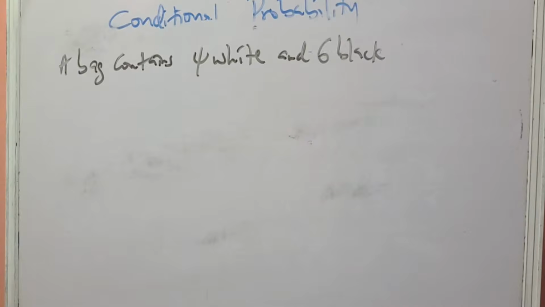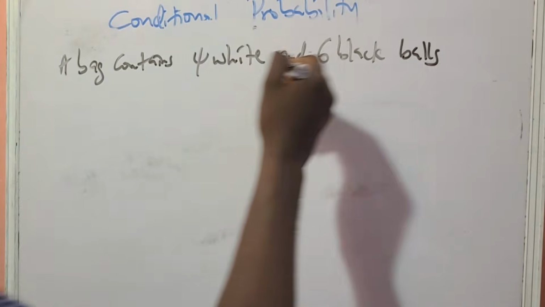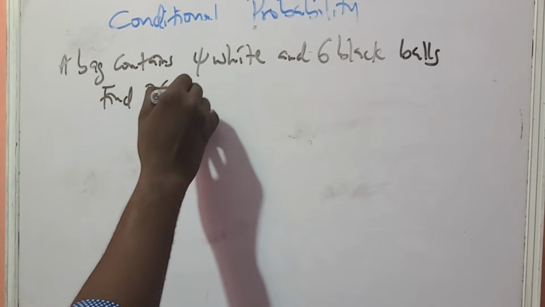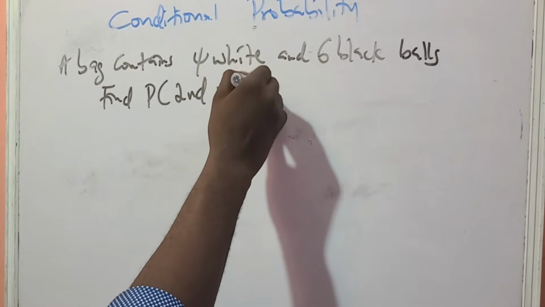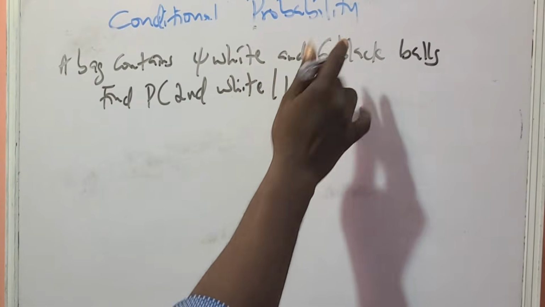So the question is for you to find the probability that the second is white, given that the first is black.